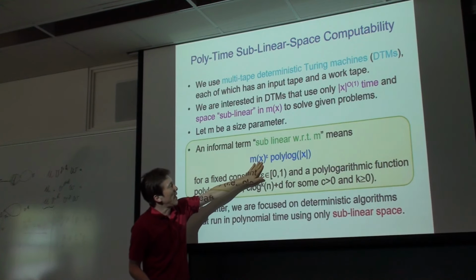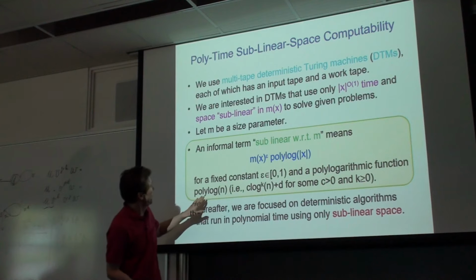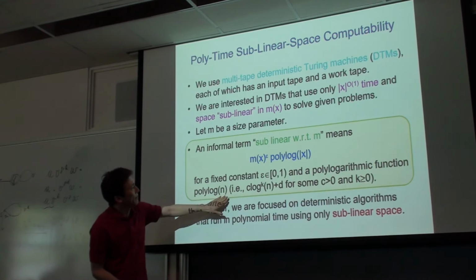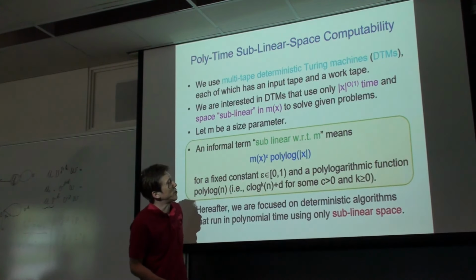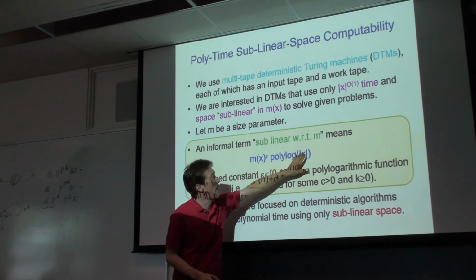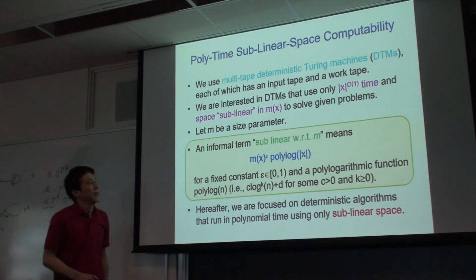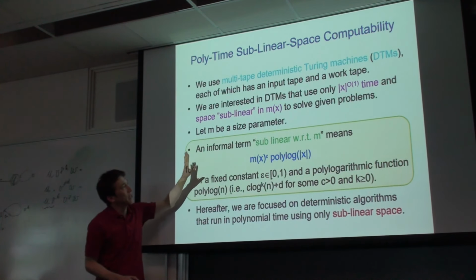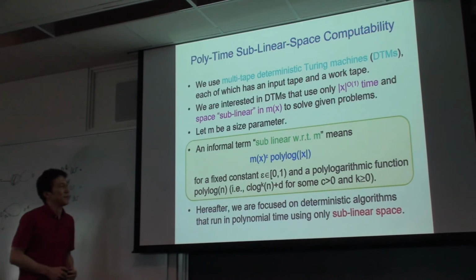So m of x to the epsilon, where epsilon is a constant smaller than 1, and we have some factor, polylog of the binary length of x. This part is not really important as long as m of x is not that small. So we just use the word sublinear to mention this particular form.